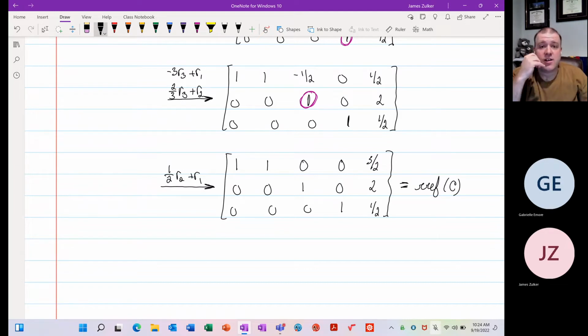And there is the RREF of C. So that is C row reduced.